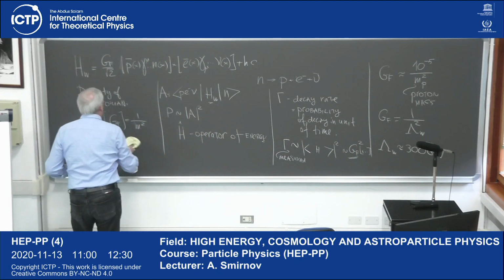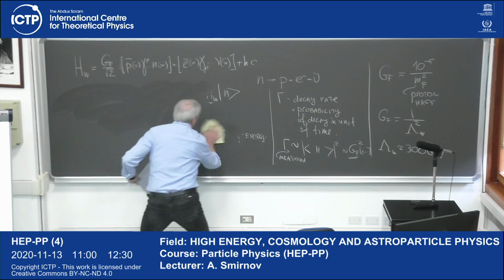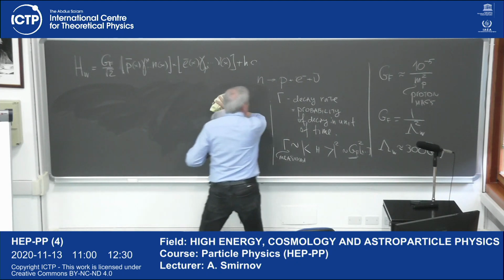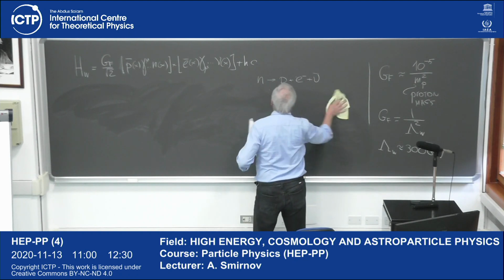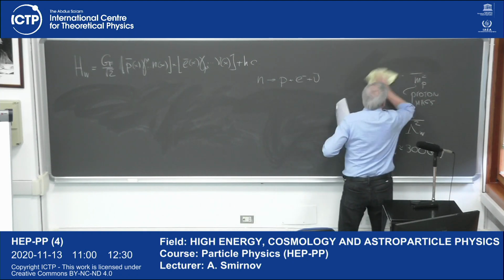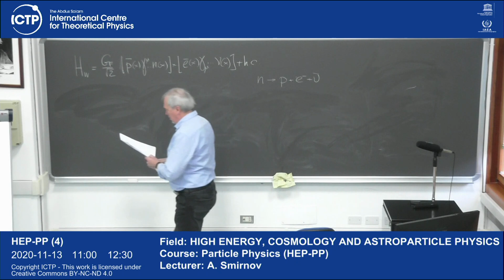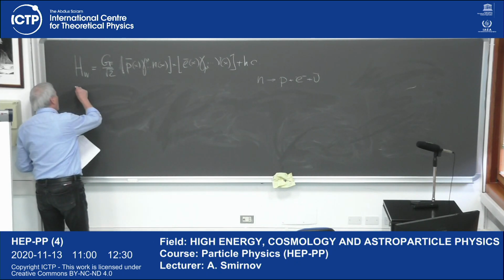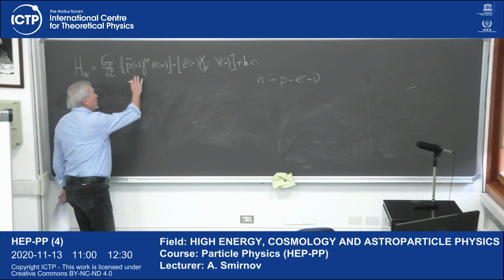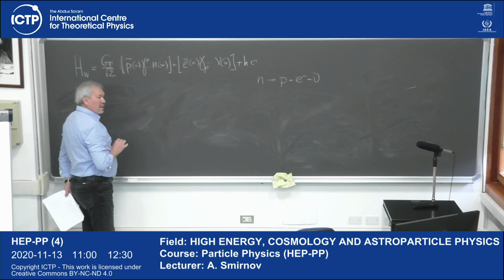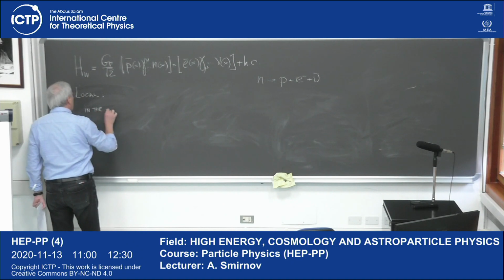Now, what are other properties of the Hamiltonian? The Hamiltonian is local, in the sense that all the fields, all the components are taken in the same space-time point.